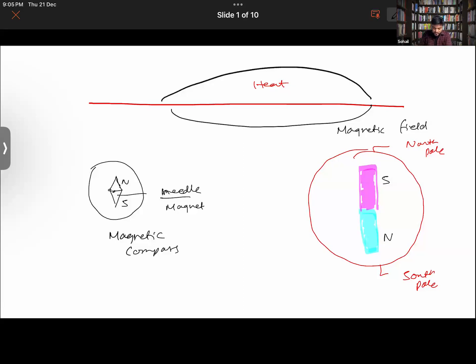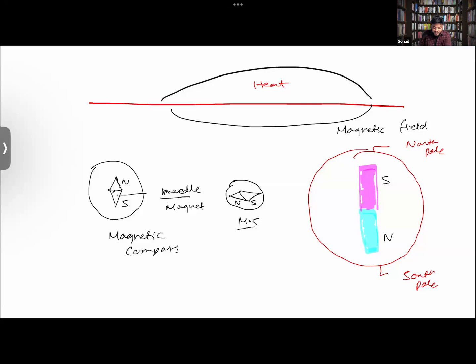So what if I have a compass over here? This is a magnetic compass. This is the north pole, this is the south pole. Let's say I am holding a magnetic compass in my hand here on Earth. What will I notice?